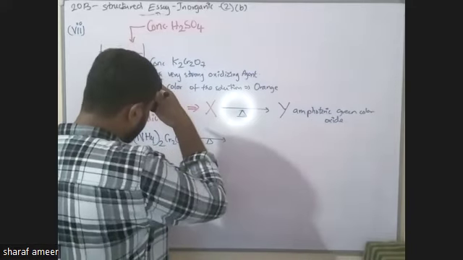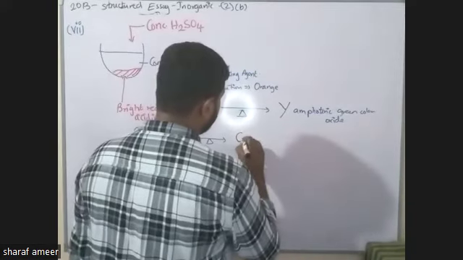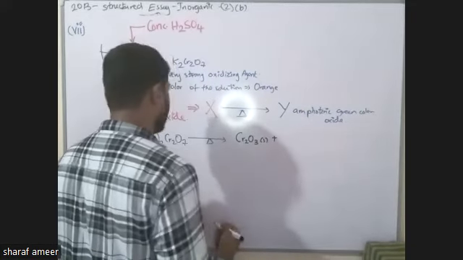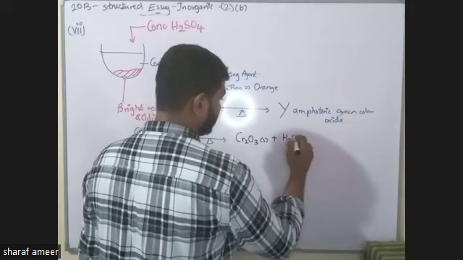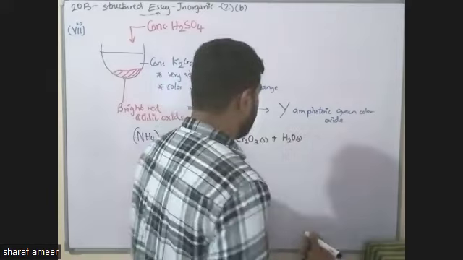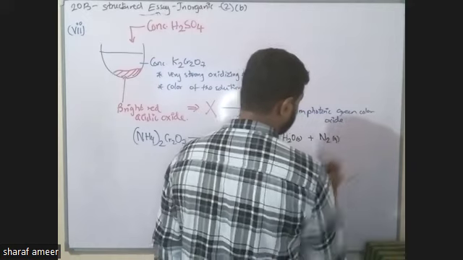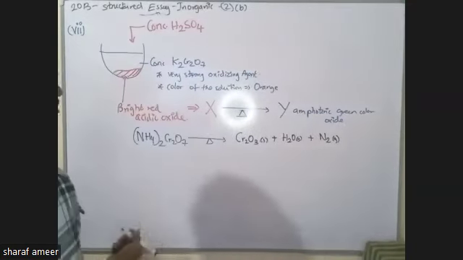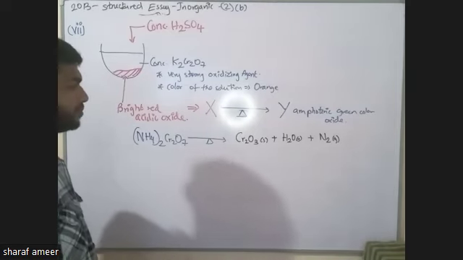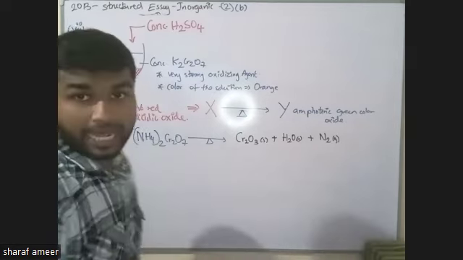When ammonium dichromate is decomposed, first and foremost you will get the green colored oxide, plus you will get H2O in gaseous form, because I'm heating it. At the same time, we're going to get nitrogen gas. So these are the products from ammonium dichromate.